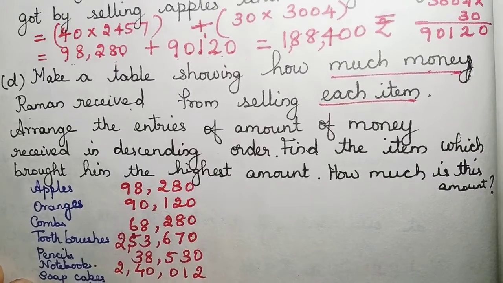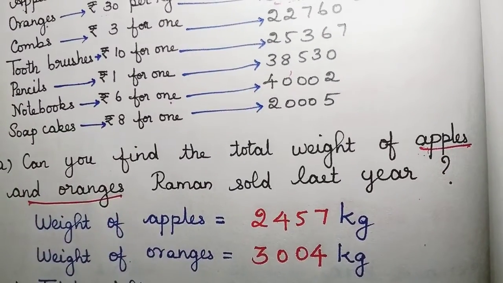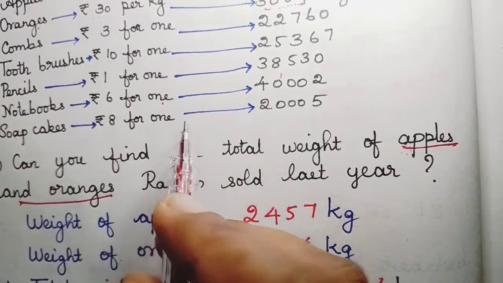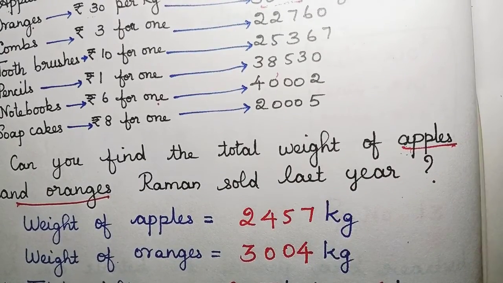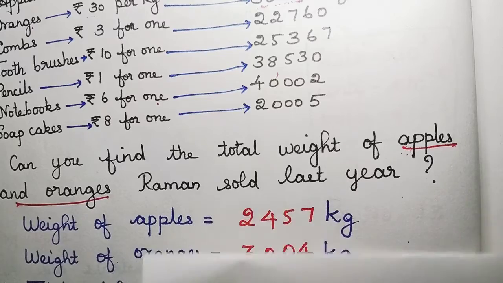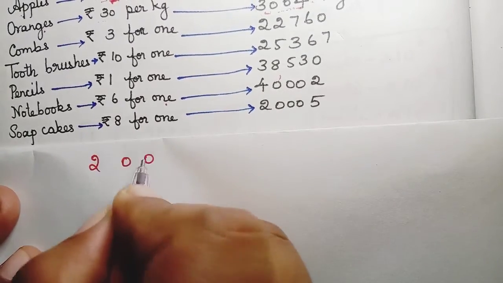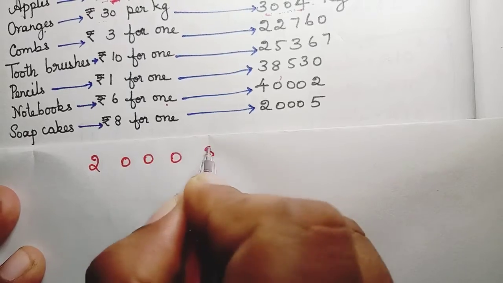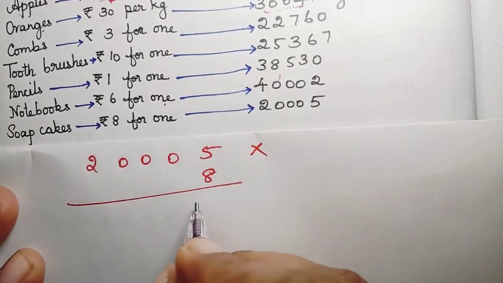Okay, one more, soap cakes. What is the value here for soap cake? Rupees 8 for 1. The total number of products sold is 2,20,005. So how will you write this? 20,005 into 8. 5 8s are 40.